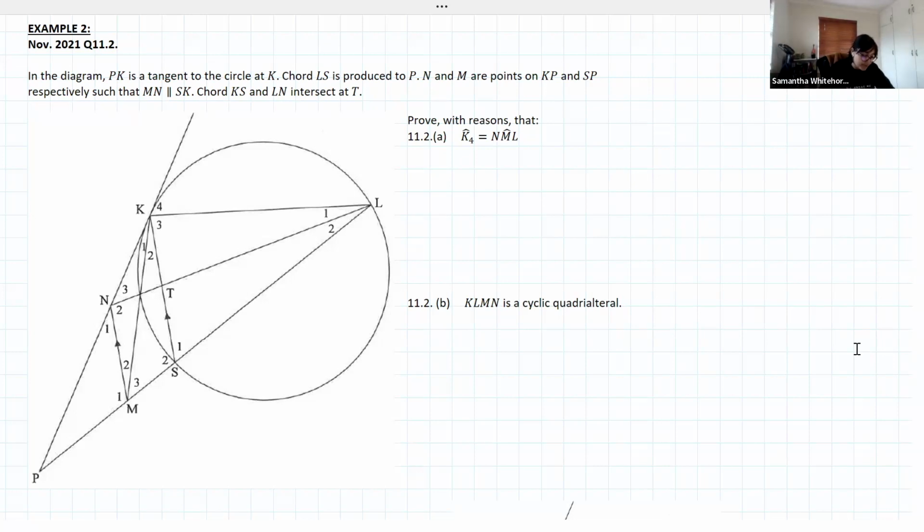In the diagram, PK is a tangent to the circle. Great. The second we see tangent, remember I said this last week, think of tan chord theorem and think of tan perp rad. If we don't know where the center is, obviously tan perp rad falls out the window, but tan chord, absolutely.